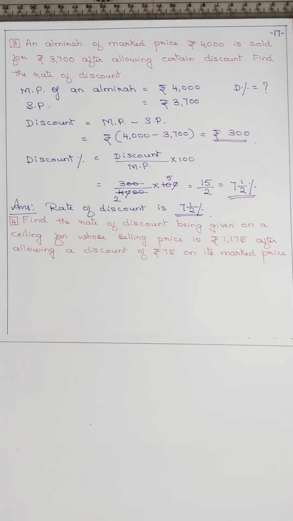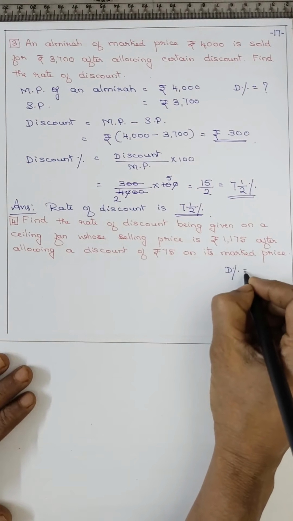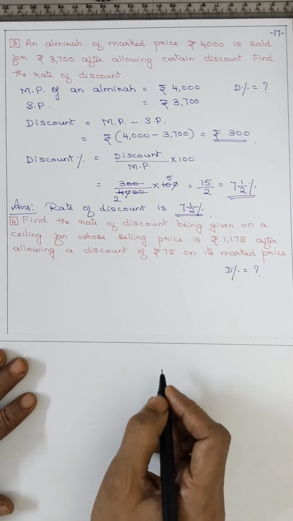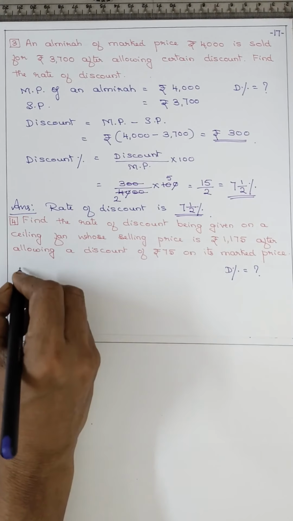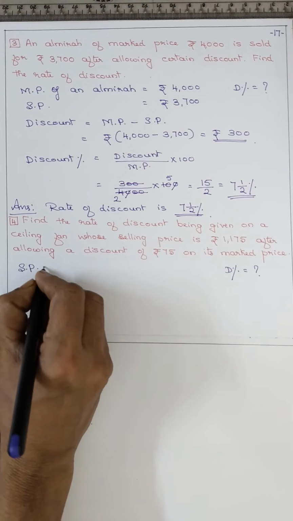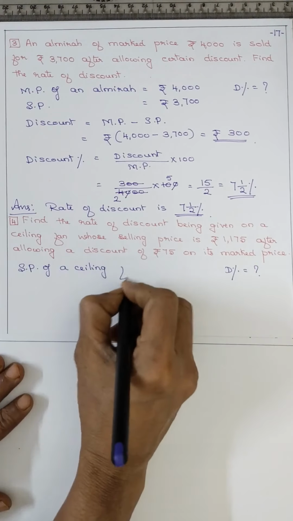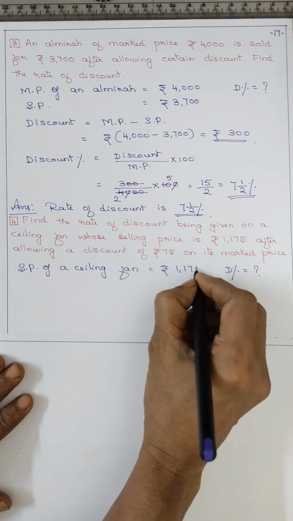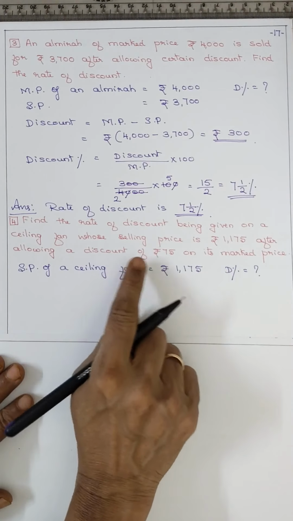Now coming to the fourth one. Find the rate of discount. So discount percent we have to find out. Being given on a ceiling fan whose selling price is given. So SP of a ceiling fan is equal to rupees 1,175 after allowing a discount of.